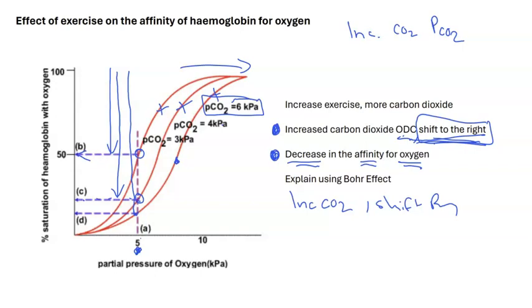On a more tissue-based discussion, what we're saying is that the more carbon dioxide produced by a respiring tissue, the more oxygen is released. And that would be consistent with our understanding that the more respiration taking place, the more oxygen that the cell would require, and the more oxygen is provided.